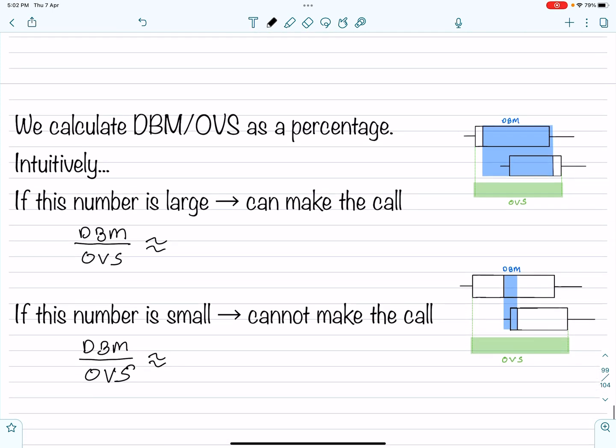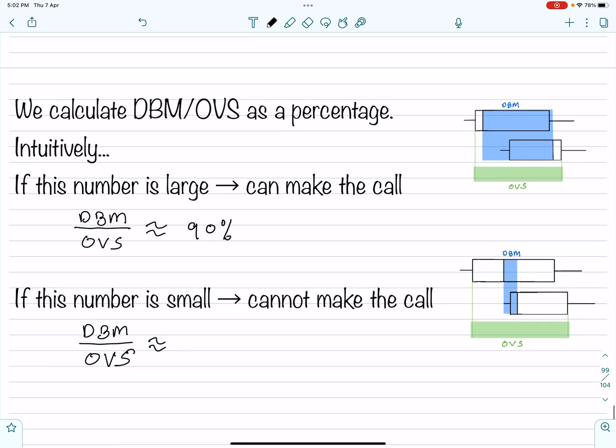Just think about it intuitively. If the distance between the medians is big relative to the overall visible spread, in this case about 90%, that blue zone compared to the green zone, approximately 20%. Looking at it, the medians are quite far apart. You're more inclined to say yes, we can make the call there, because it's a big percentage.